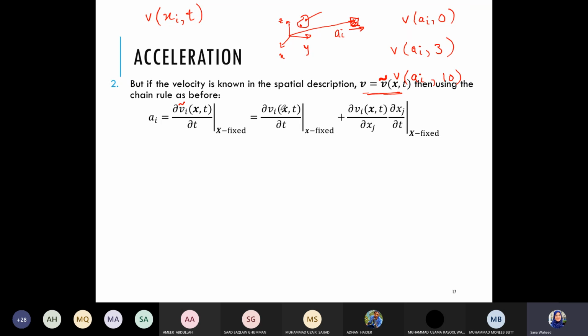The way we did it earlier, we'll first get our time derivative keeping small x fixed, plus we'll get the product of the gradient of the velocity field in space multiplied by the velocity of the particle which is passing through that point at that particular instant. Now what do these things become? This del x i by del x j was velocity, so that's why I've just written it out as the velocity of a particle which is going through it.